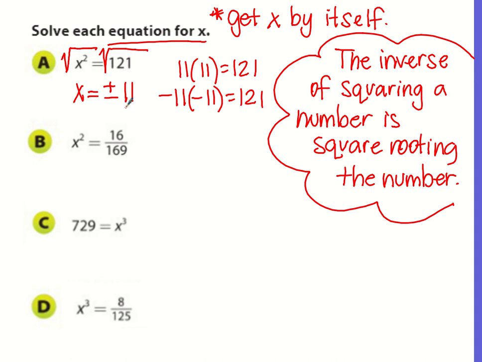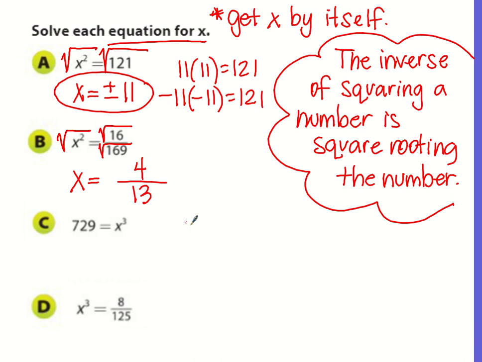So for this problem, solve each equation for x. The x has a value of positive or negative 11. Now let's do b, where there's fractions. You can actually break your fraction into two pieces. So if I square root x squared, I get x equals, and the square root of 16 is 4, and the square root of 169 is 13.